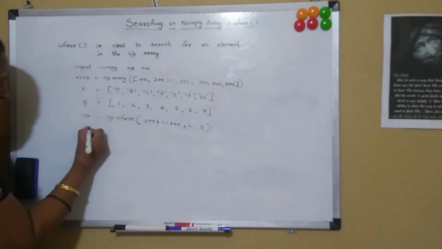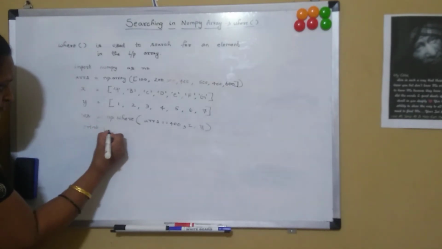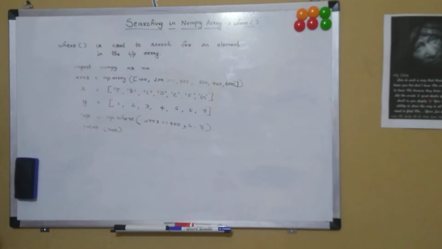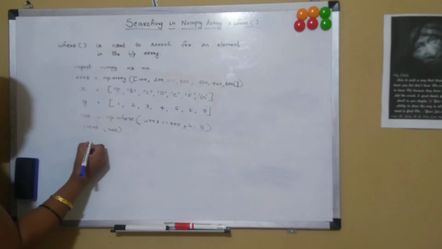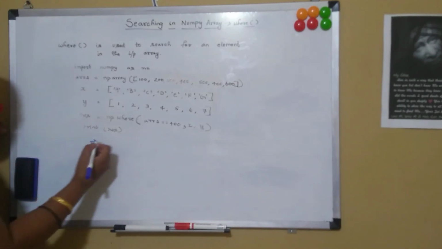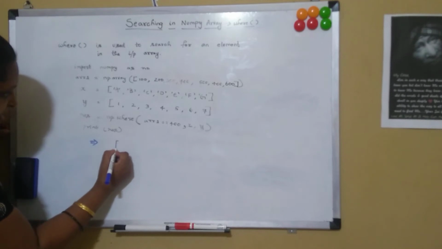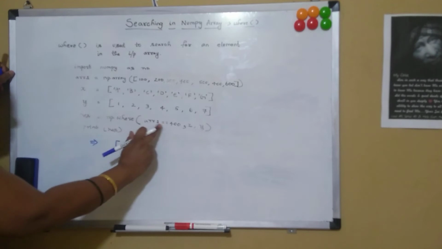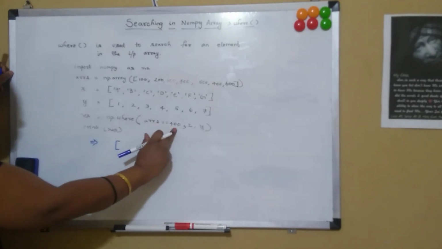So now if I give print my result, what will be the result? It will create a new array. And how does it create the array? Array 1 equal to 400.